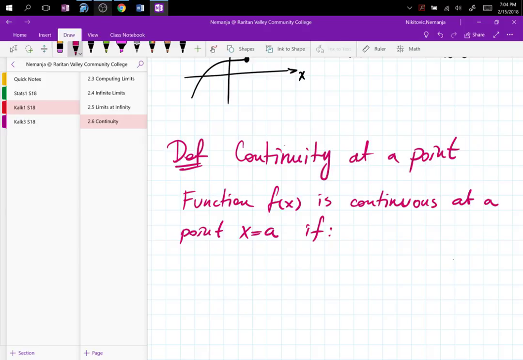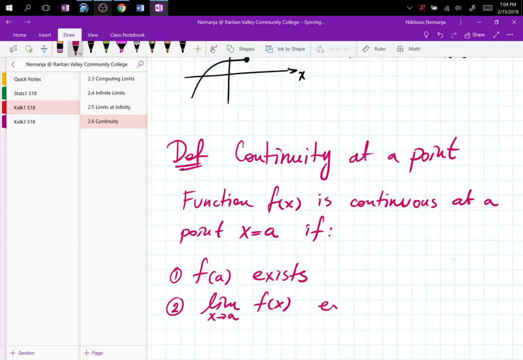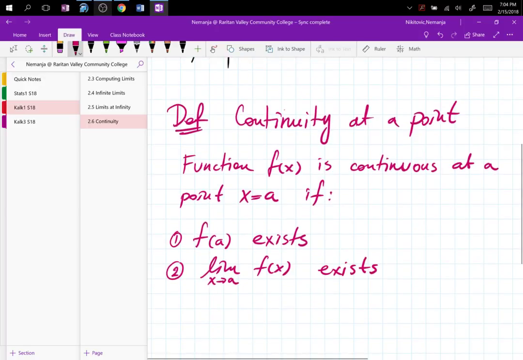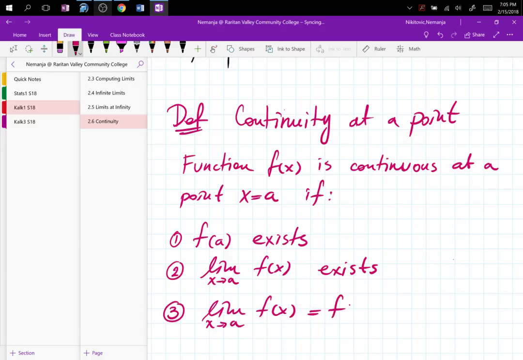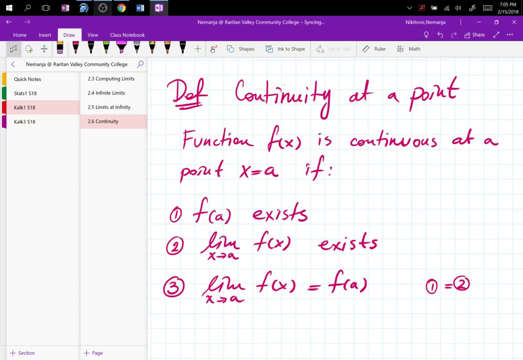First condition is f of a exists. Second condition, limit of f of x as x goes to a exists. And the third rule, limit of f of x as x goes to a is equal to f of a. So technically saying 1 equals 2. This is your continuity at the point.